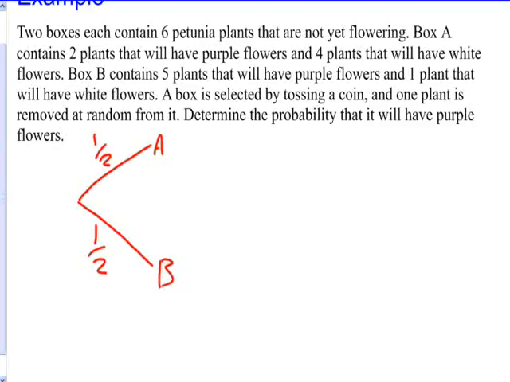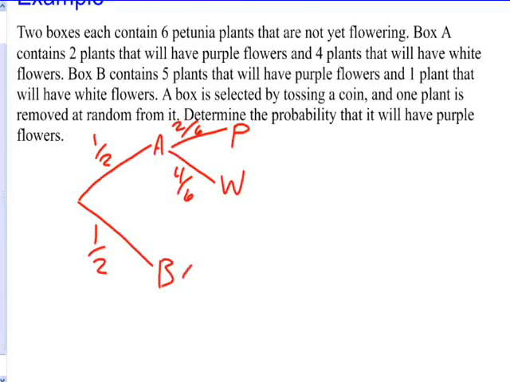Then box A has four white flowers and 2 purple flowers. Okay, so 2 purple flowers of 6, so there's a 2/6 chance of choosing purple, and then there's a 4/6 chance of choosing white.